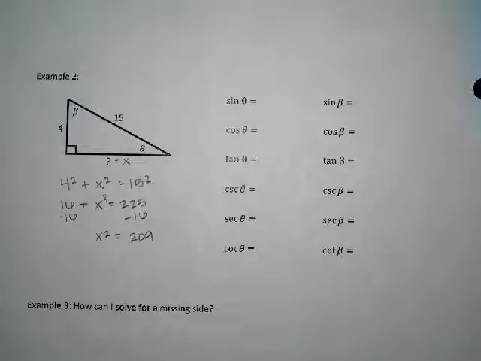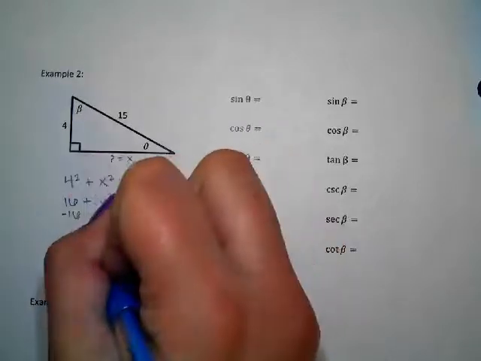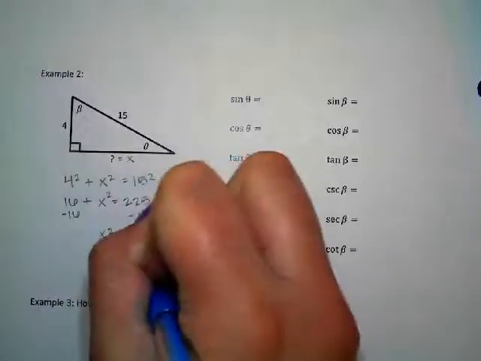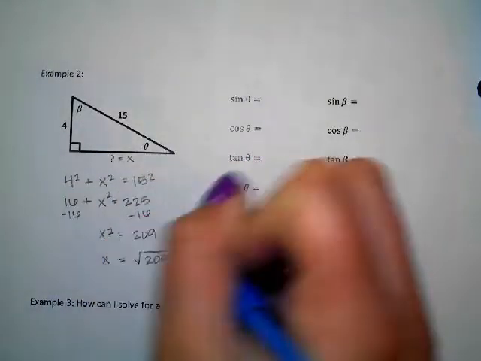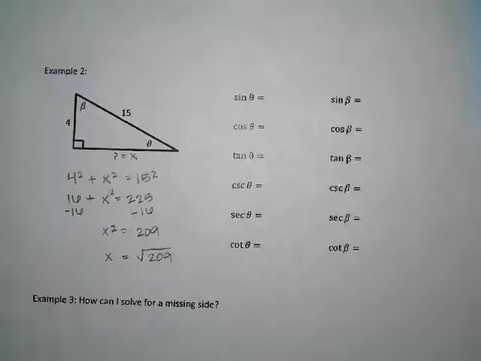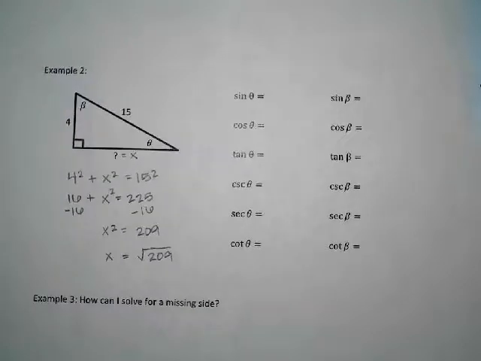It is not. So we are going to say that x equals the square root of 209. Typically when I am solving an equation, if I took a square root, I should put a plus minus in front. But in this situation, because I know that my answer is a length, I don't have to put a plus minus because I know the positive answer is the answer I'm going for.